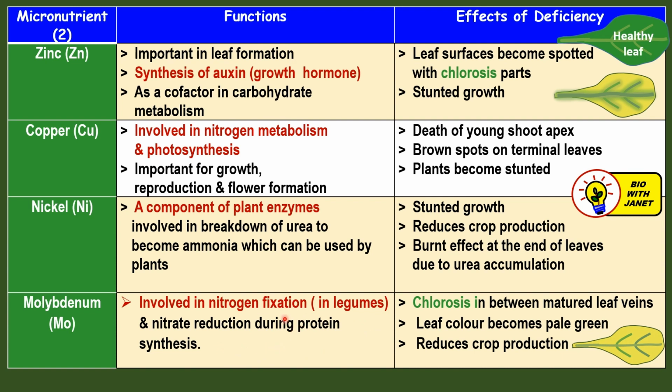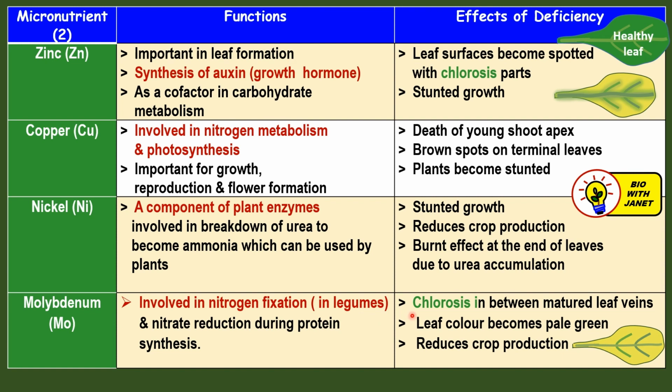Molybdenum is involved in nitrogen fixation in legumes and in nitrate reduction during protein synthesis. So nitrogen fixation is a process whereby the nitrogen in the air can be converted into a form like nitrates in the plants. We will study this in another chapter on the nitrogen cycle, probably chapter 8 of the Form 5 syllabus.